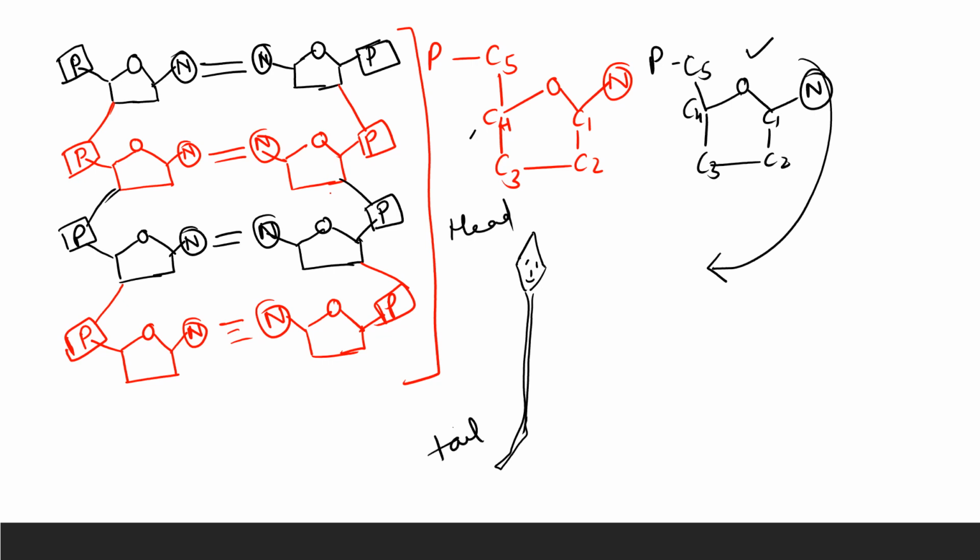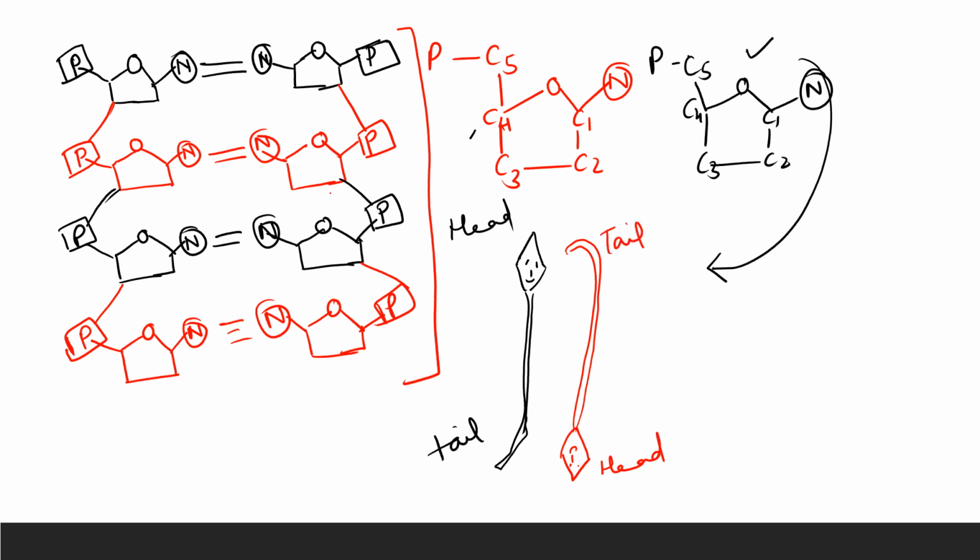If this is the first chain, how does the second chain look? The second chain we are saying is anti-parallel, right? So the second chain is something like this, right? So here we have head and here we have tail, right?